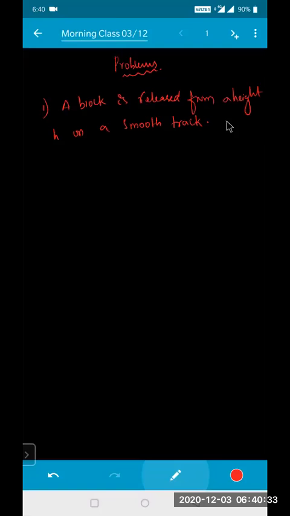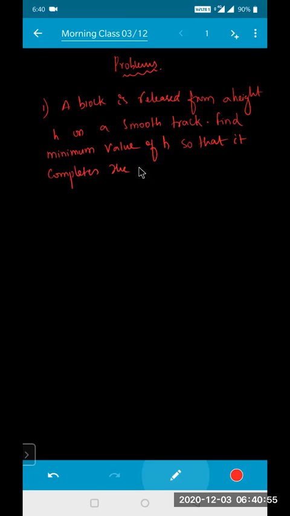Find the minimum value of h so that it completes the vertical circle.